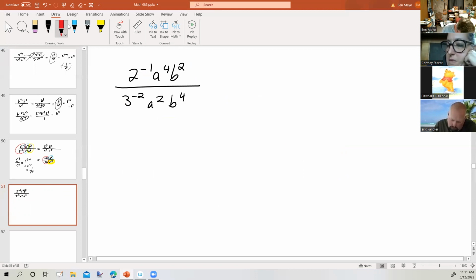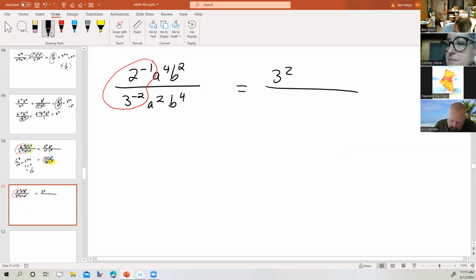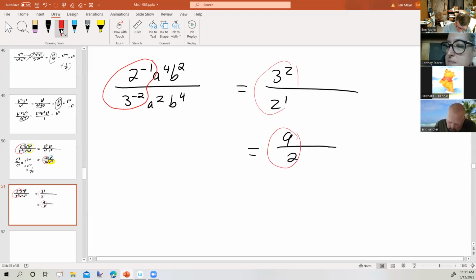Okay, so again, let's look at each separate piece. That's going to be 3 to the positive 2 power over 2 to the positive 1 power, which is going to be 9 over 2. So it becomes this, it becomes that. All right with that part?